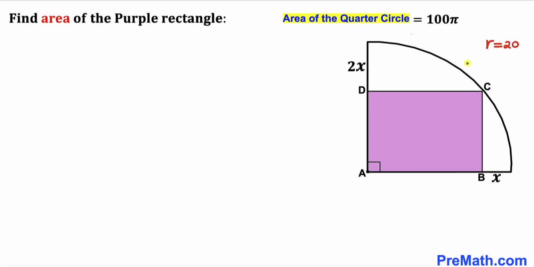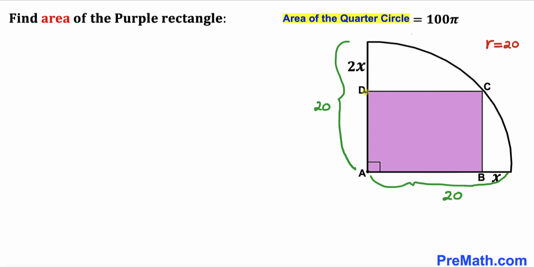Thus the radius of this quarter circle turns out to be 20. That means this side length, which is the radius, is going to be 20, and likewise this radius is going to be 20 units as well.